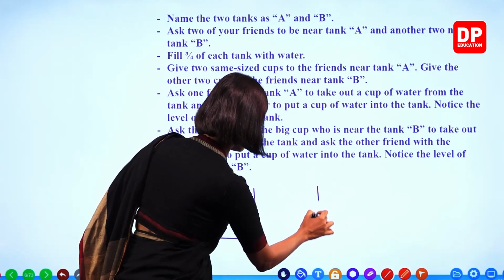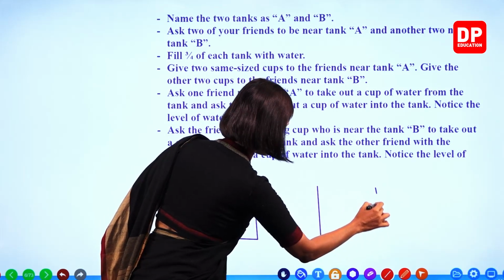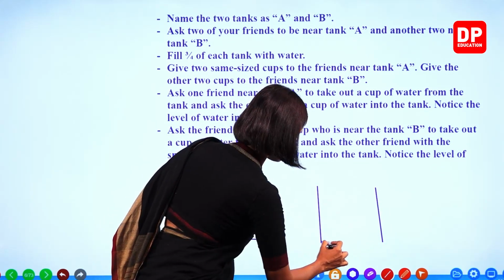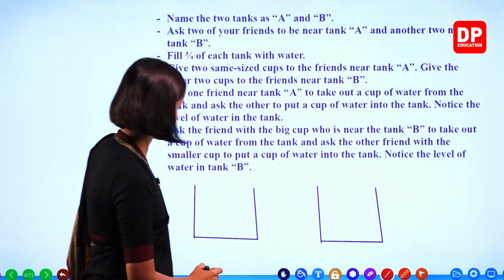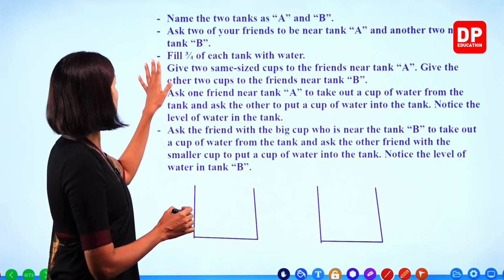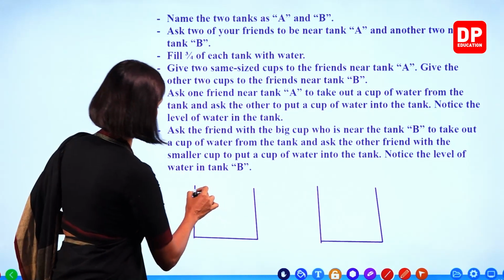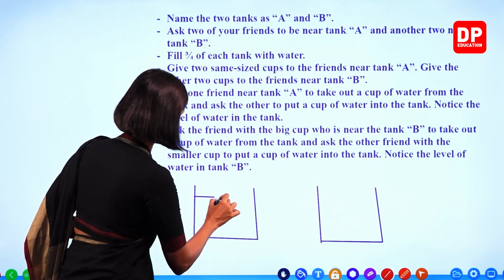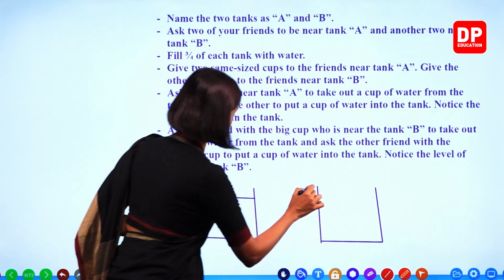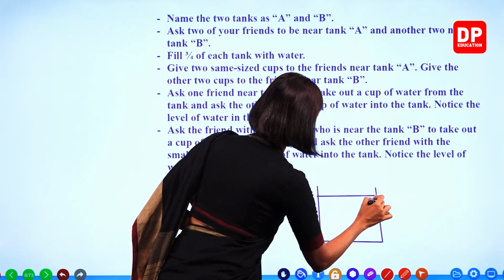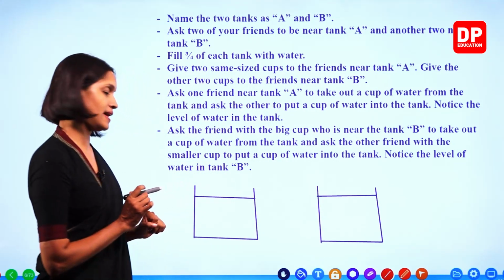This should be tank B. Then fill 3/4 of each tank with water, and you have to mark the level as well.